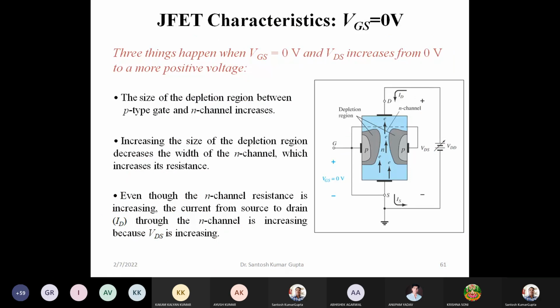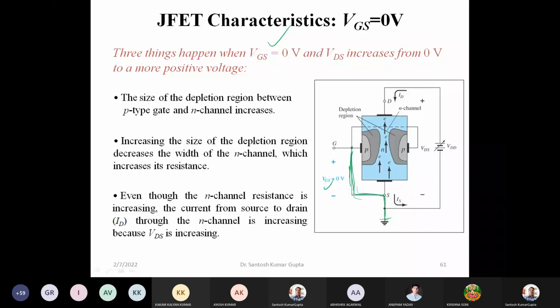Another thing we can see is that when we take VGS equal to 0, we don't apply any voltage across gate and source. Gate and source are connected together to ground, so VGS is equal to 0 here.